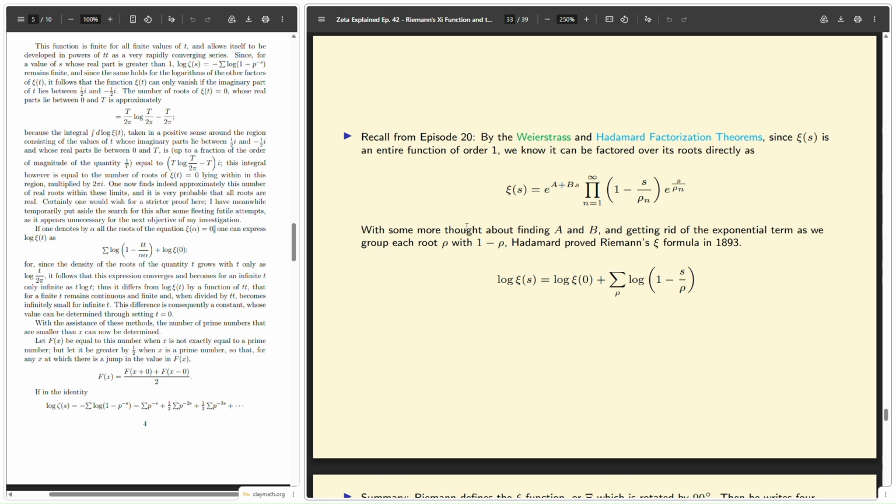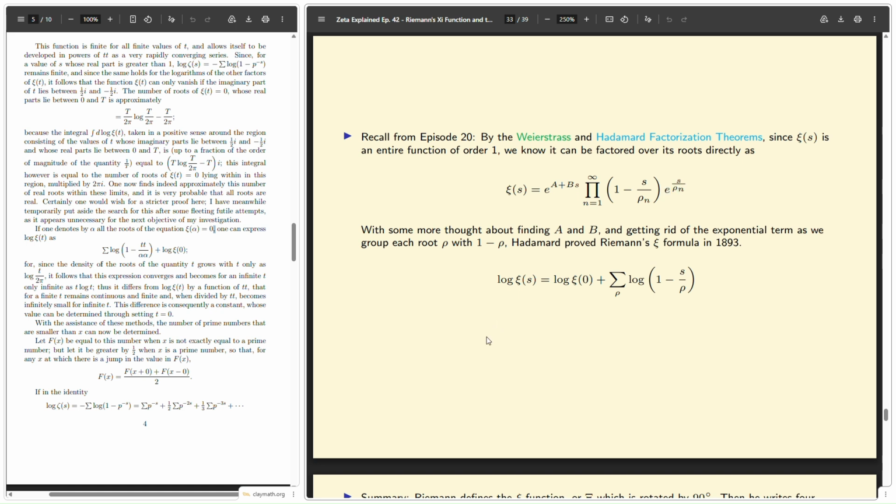And then with some more thought about finding what this A constant and B constant are, this is just the result of using the Hadamard factorization theorem on the zeta function, and getting rid of this exponential term. If you group the roots together, then you can eliminate this exponential term. Then Hadamard proved Riemann's zeta formula in 1893. So again, this was 64 years after Riemann's paper. So this formula.